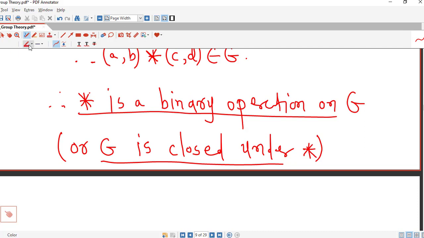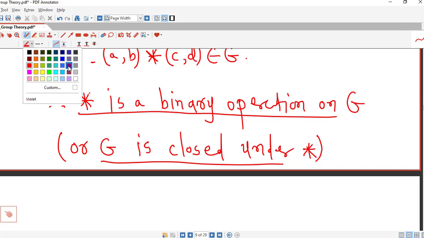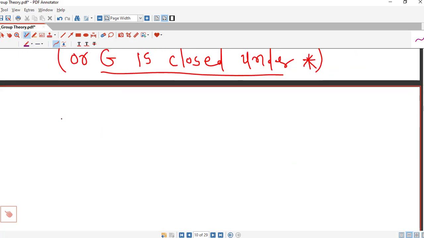Now we check the second property, that is the associative property. For that we have to consider three ordered pairs.